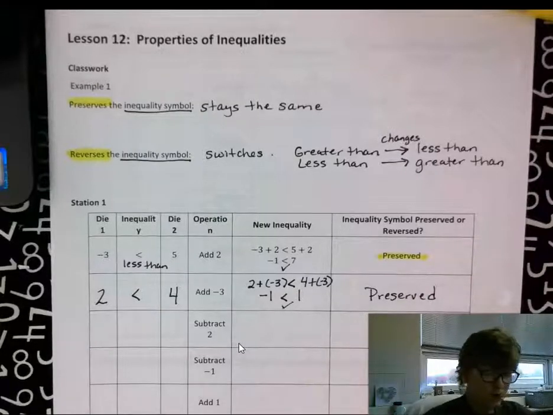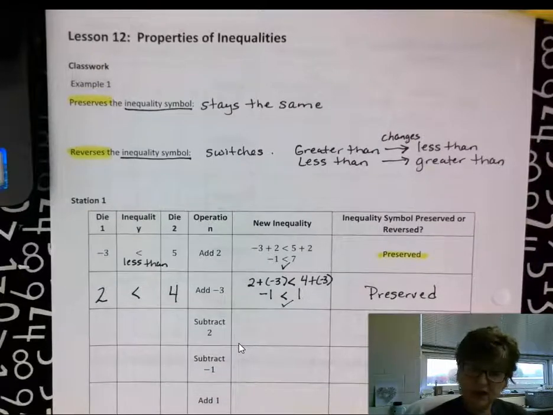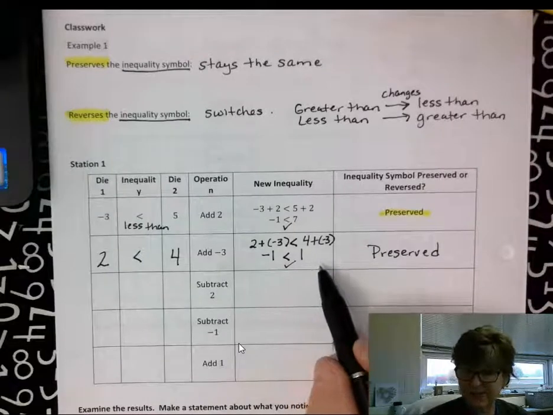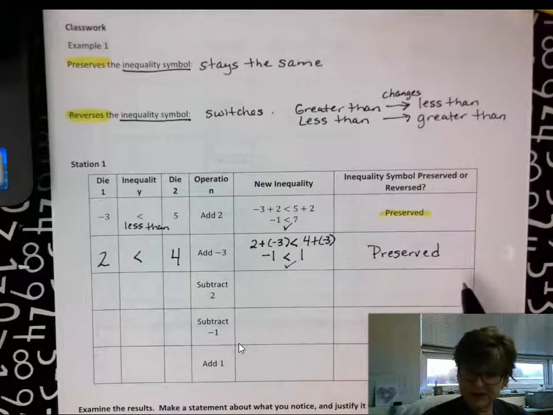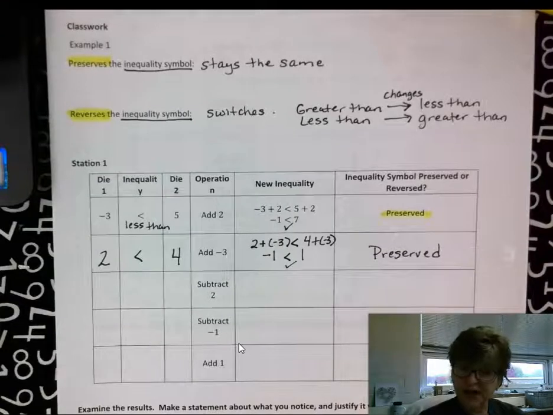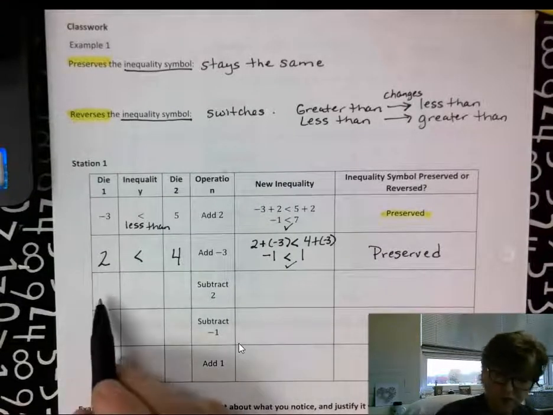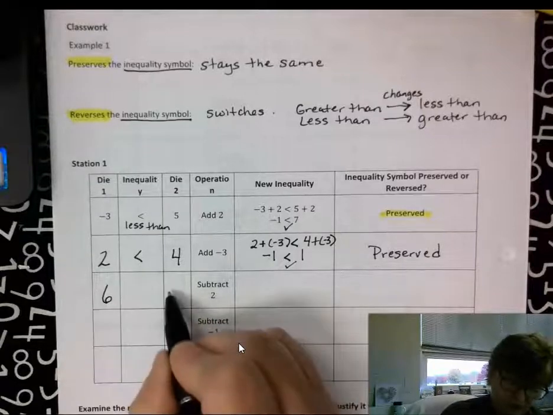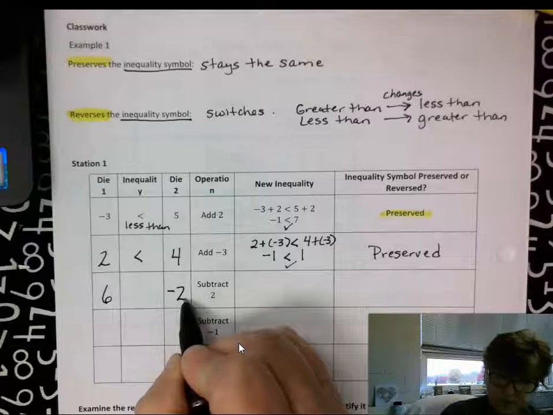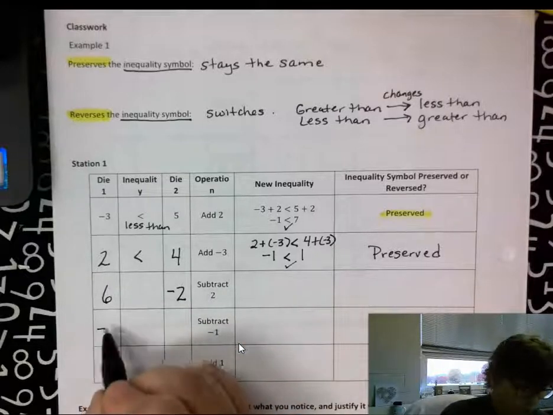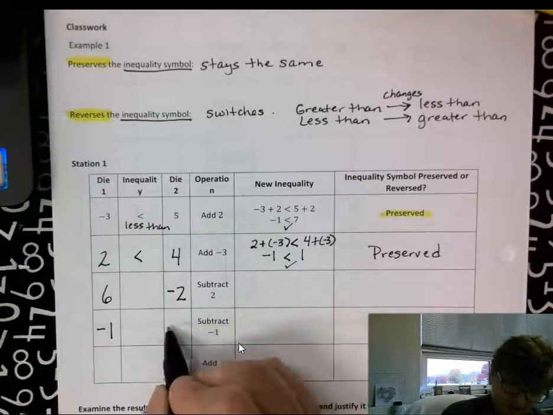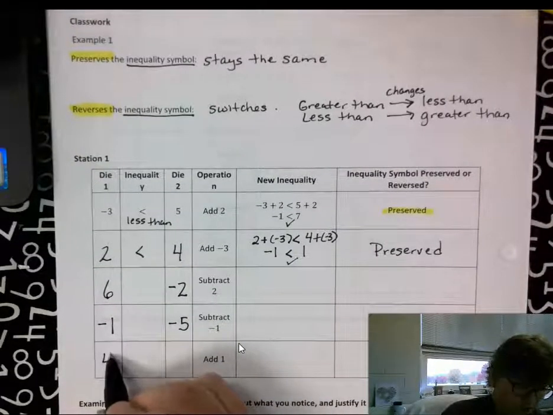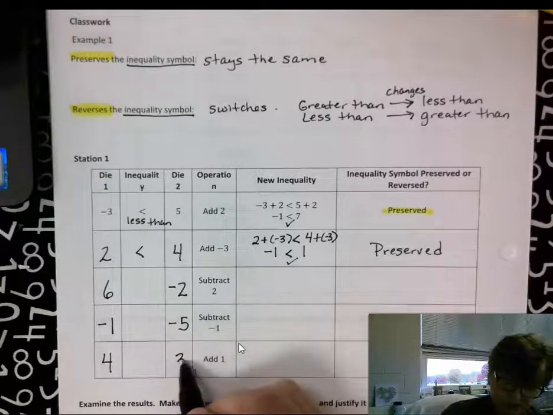I'm going to actually give you three sets of numbers. I'm going to let you pause the video and you're going to follow those exact same steps and procedures that we just did. And then we're going to come back together and compare. So on your paper, if you will write the number 6 and the number -2, then -1 and -5, and finally 4 and 3.